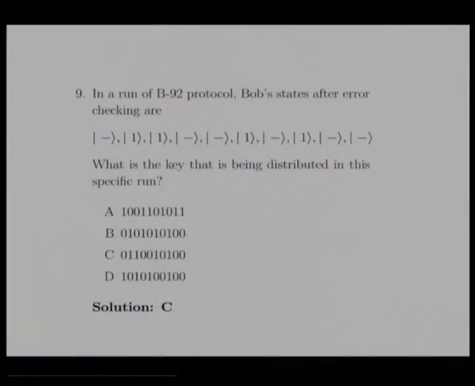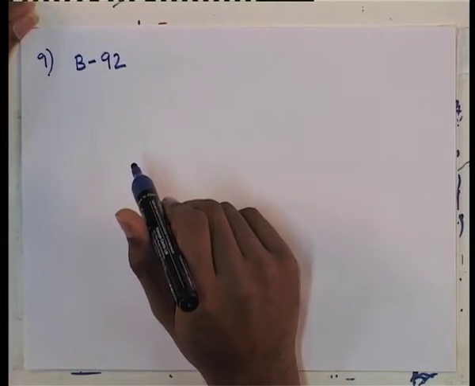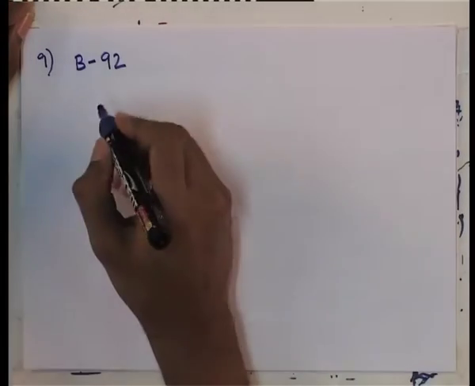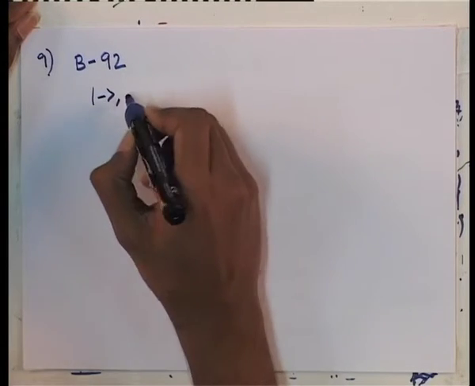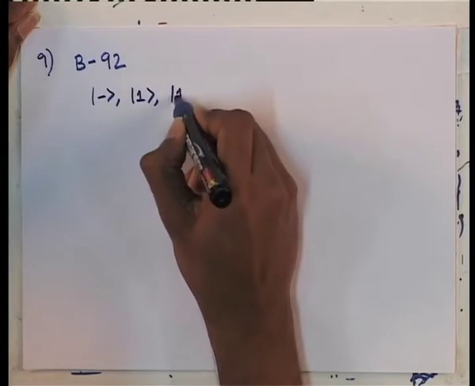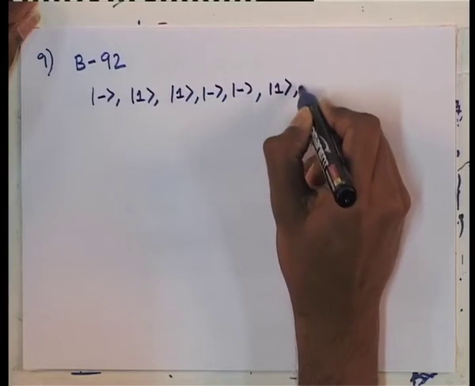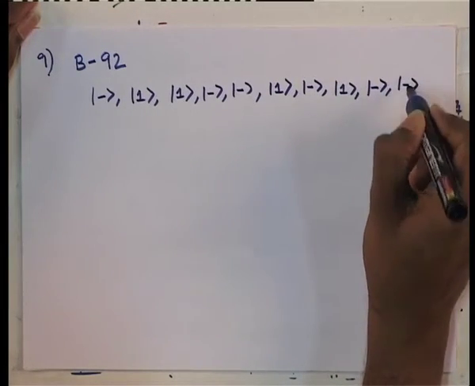Let us look at problem number 9. Problem 9 is based on the B92 protocol. Here we are asked to find the key that is being distributed in this specific run. Bob's states after error checking are given as minus, 1, 1, minus, minus, 1, minus, 1, minus and minus.